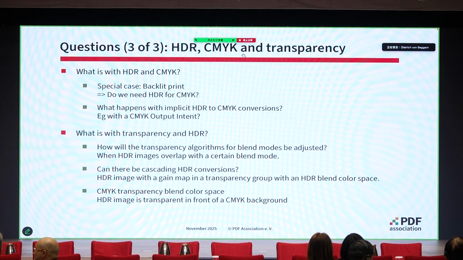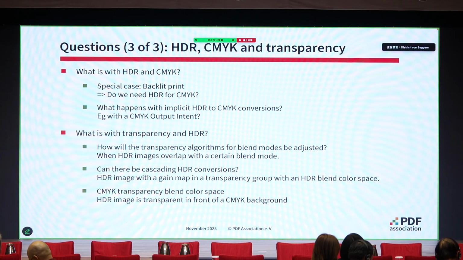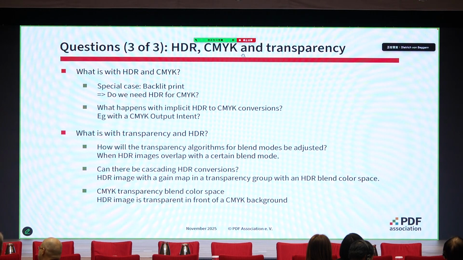And the other related question is, we always in PDF have to think about HDR or conversions from one color space to the other. So I've just mentioned you have an output intent ICC profile. So you always want to have a way from some HDR information to CMYK.